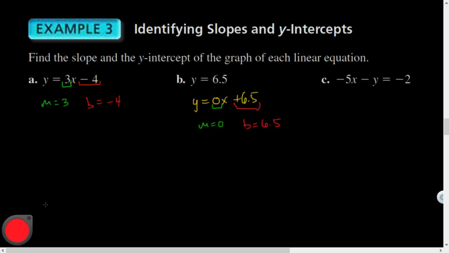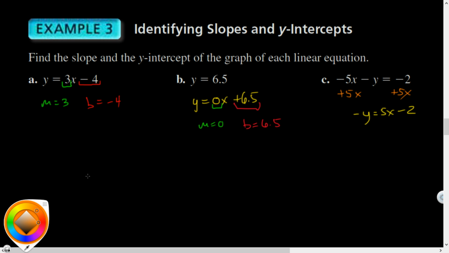This last problem isn't in slope-intercept form. I've got to solve it for y. So let's solve for y, add 5x to both sides. You guys are experts at solving literal equations. Negative y, or the opposite of y, is equal to 5x minus 2. And then I could opposite everything or divide everything by negative 1, whichever way you want to think about it.